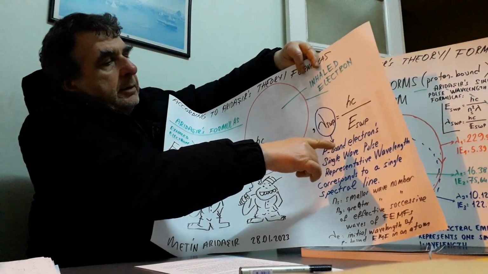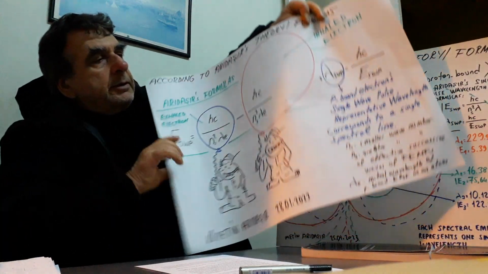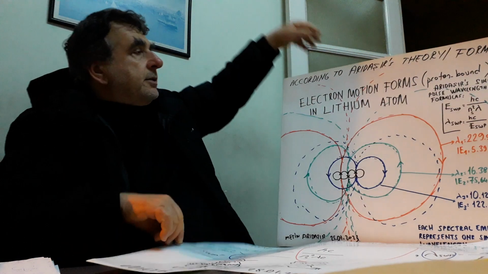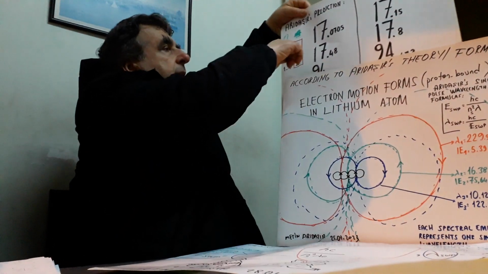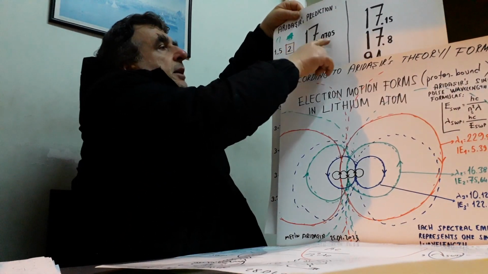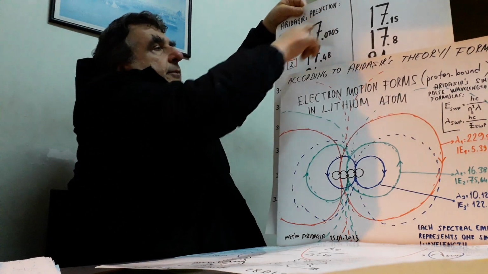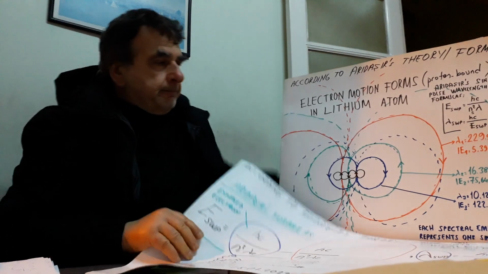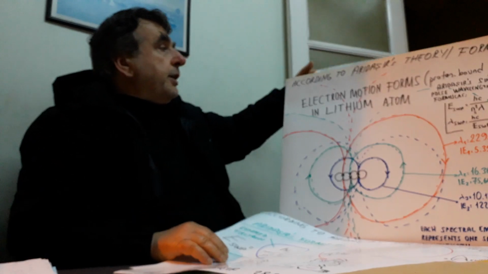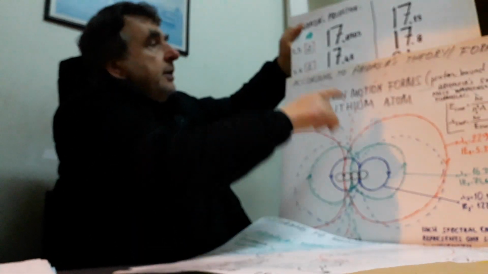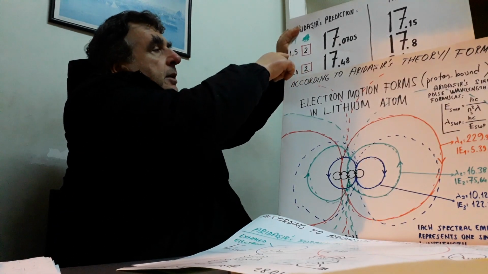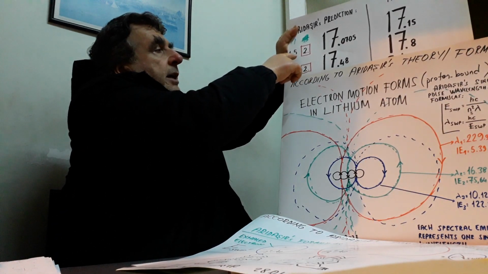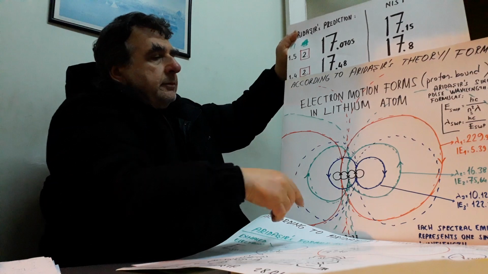And this wavelength is the single wave pulse representative wavelength, say this is 17.0705 nanometer spectral line, produced and propagated from the second electron, n equal 1 to n equal 5.